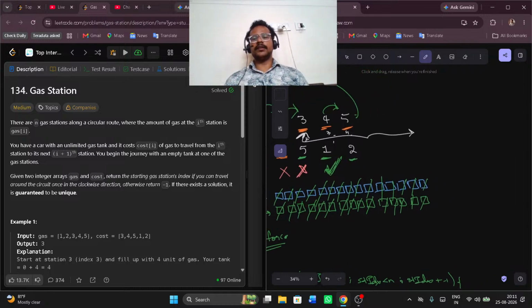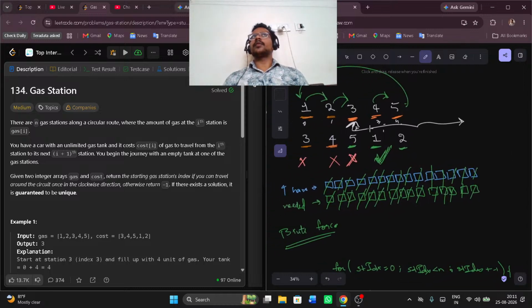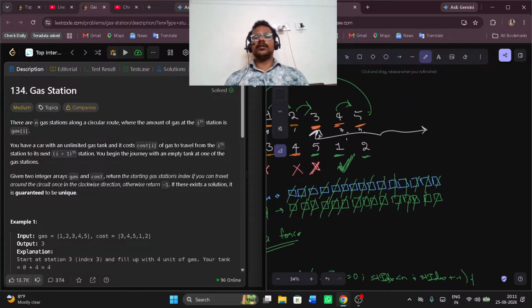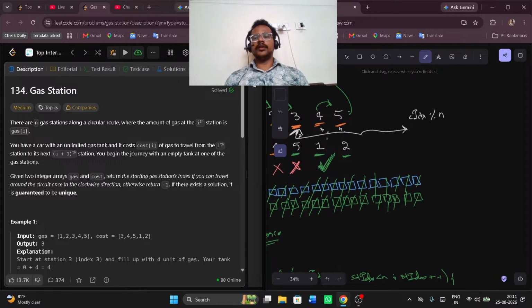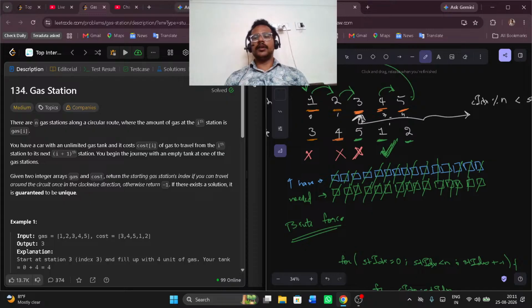Let us take it like this. 7 mod 5 would be 2, right? So current index mod n should be less than starting index. We have started at 2, right?